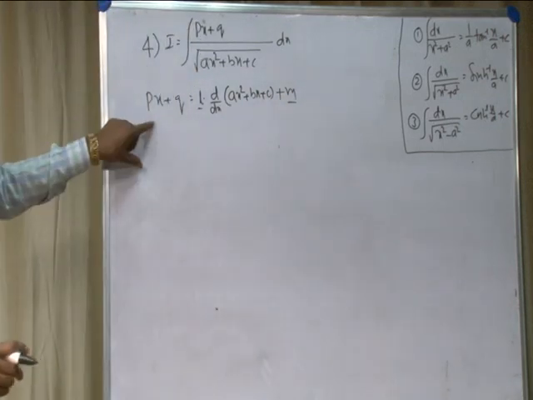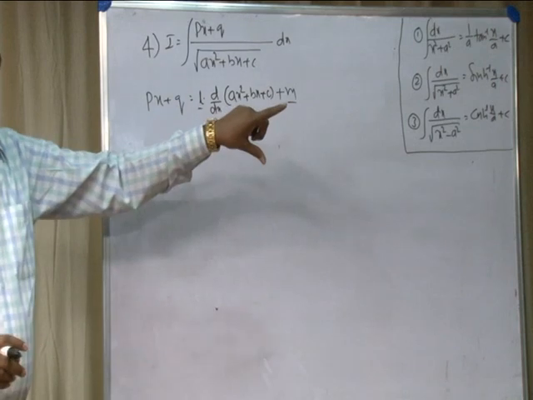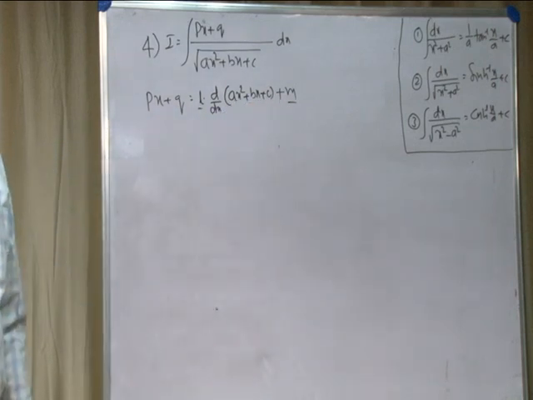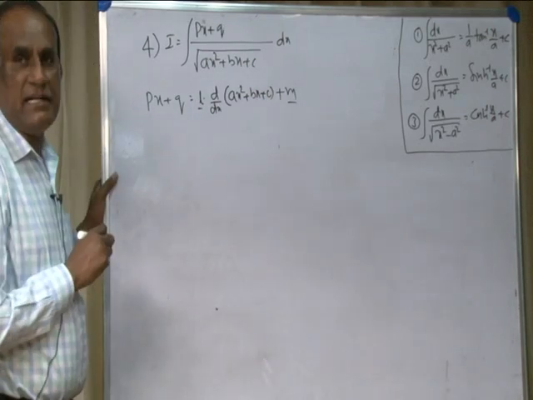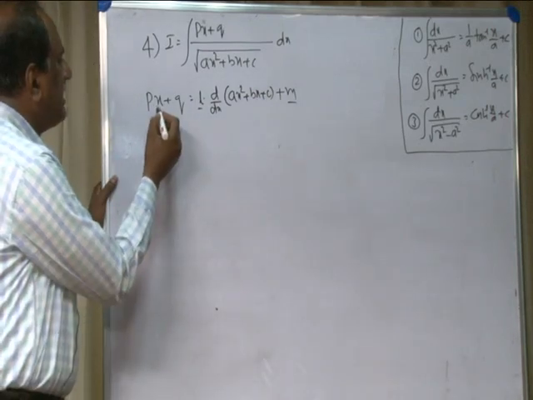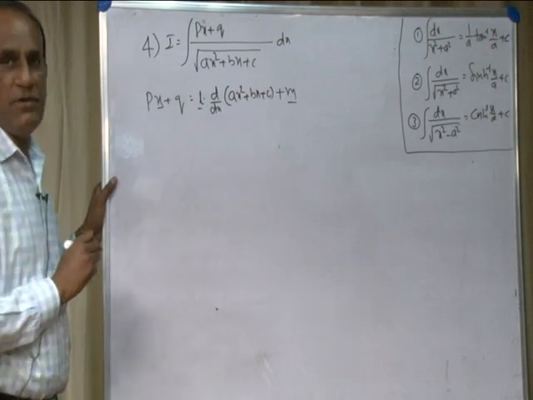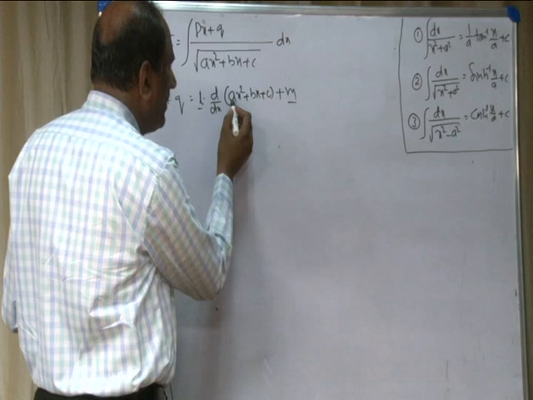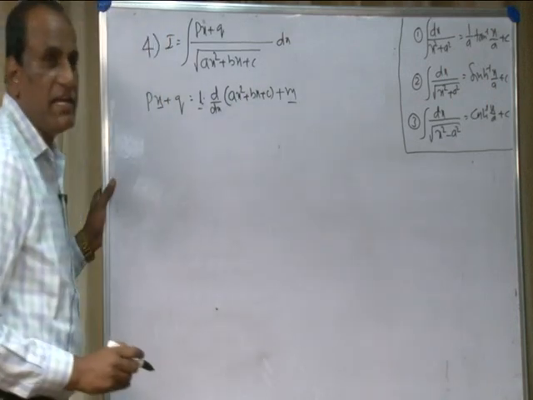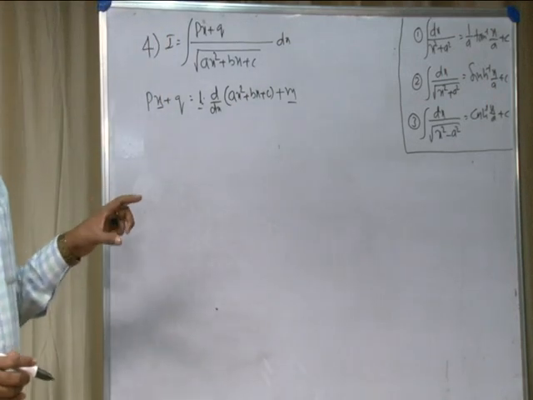In this case also, find the values of the constants L and m by comparing the coefficient of x and the constant. Here, what is the coefficient of x? p is the coefficient of x. After differentiating, you are getting 2ax, so 2a is the coefficient of x.